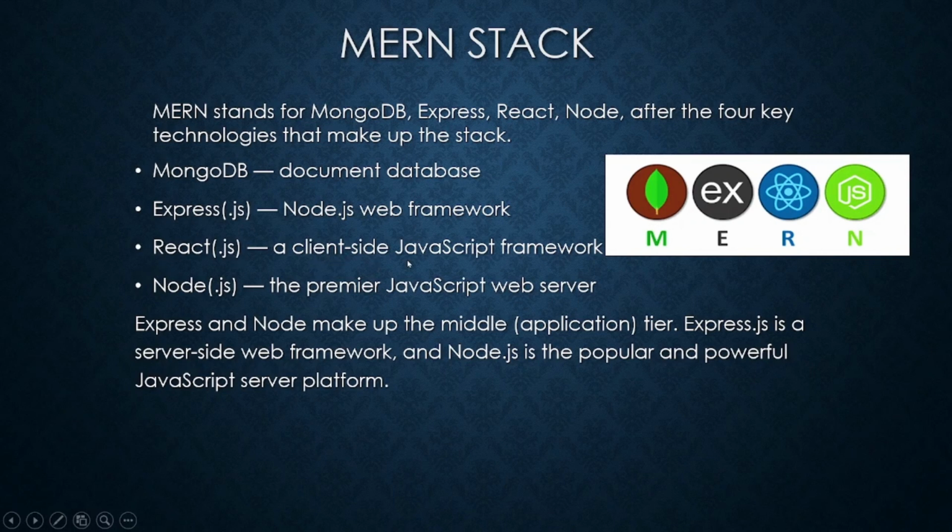React.js is a client-side JavaScript framework. And Node.js is the premier JavaScript web server. Express and Node make up the middle application tier, where Express.js is a server-side web framework, and Node.js is a popular and powerful JavaScript server.